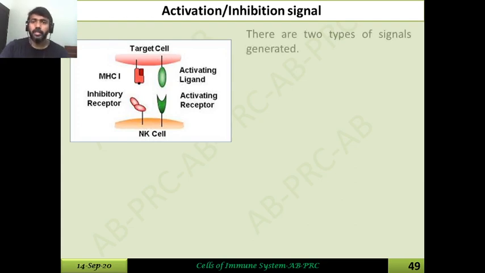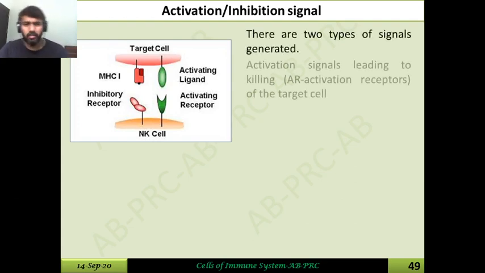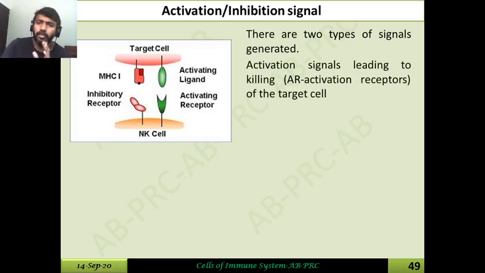So let's see the discussion. That's what I already told you, that there are two types of receptors or two types of signals generated. One is the activation receptor signal.